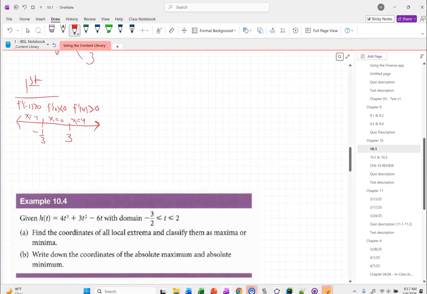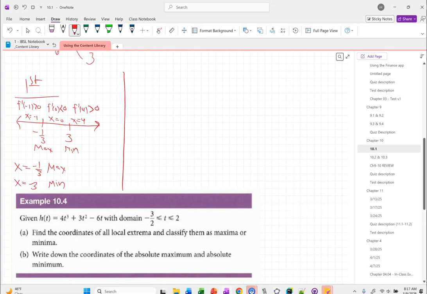So that's my answer. Again, this question doesn't ask for the coordinate, it just asks for the x values. So I don't have to do any more.